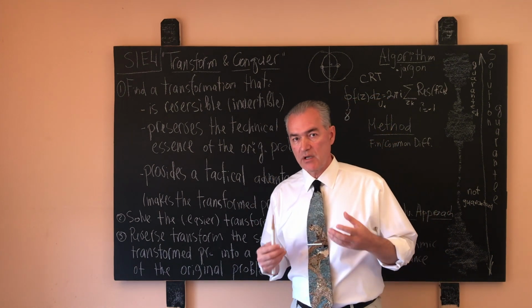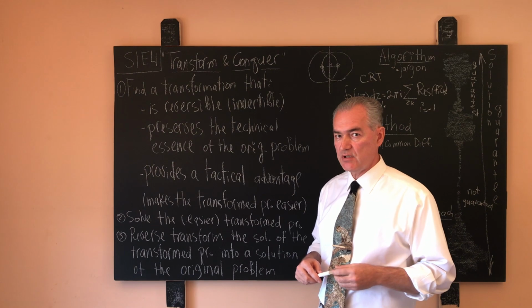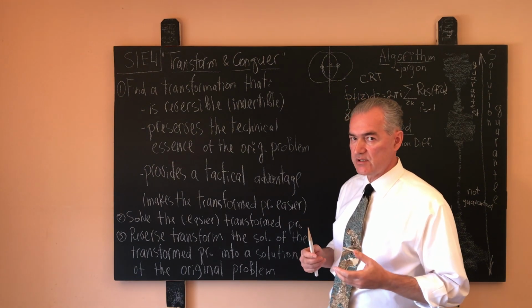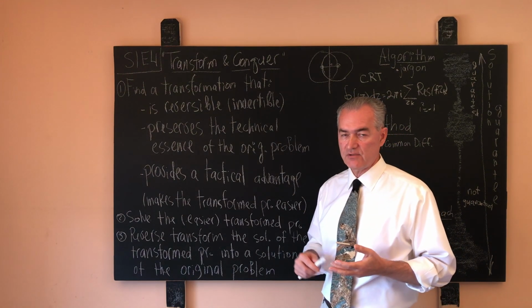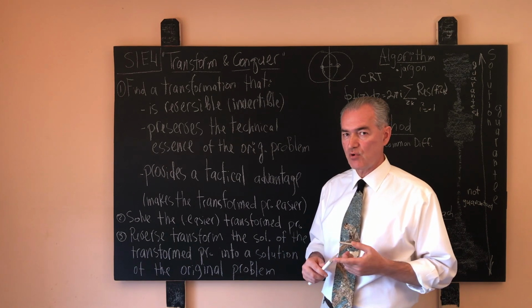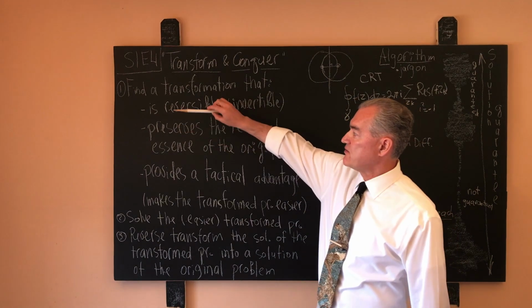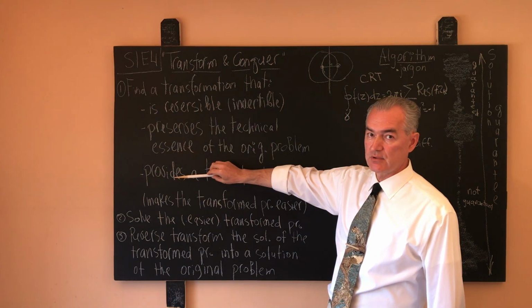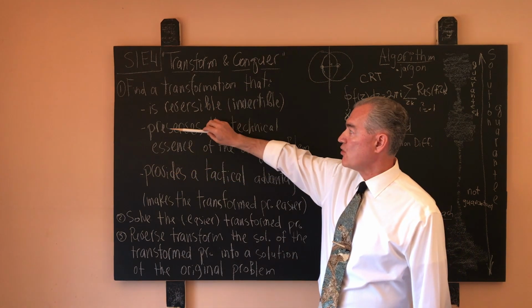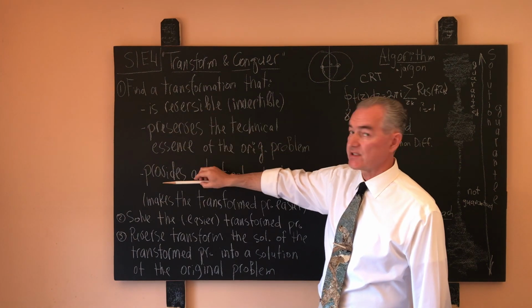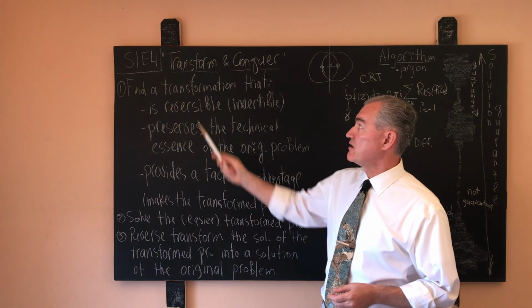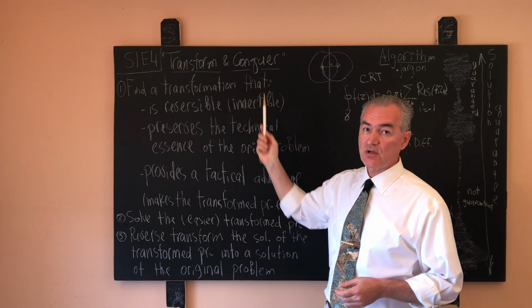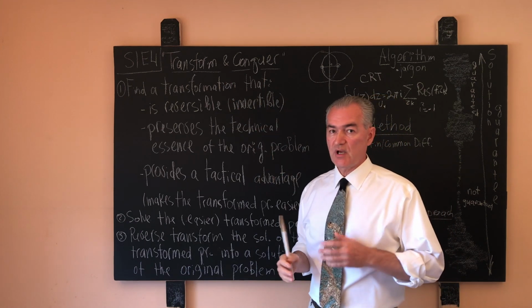Note that in my humble, unprofessional opinion, based on my limited engagement with mathematics, theoretical physics, computer science, and computer programming, these three properties are essential or required, which means that if we throw any one of these properties out, then the transform and conquer problem-solving approach will become something else.